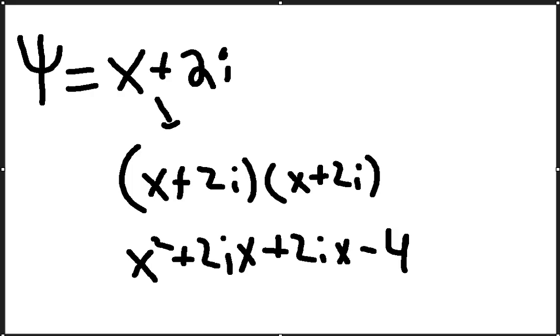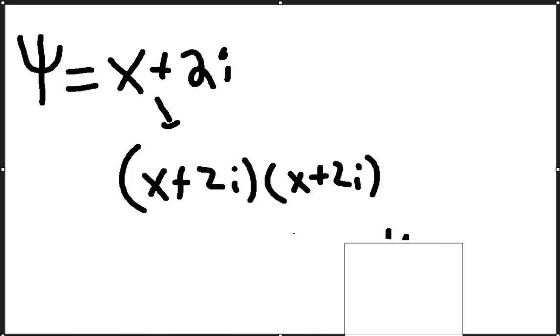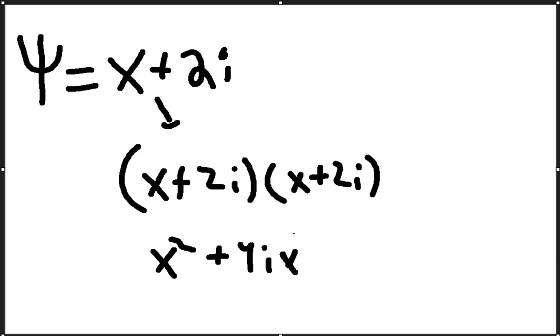As you can see, we have these imaginary numbers, and that's not very nice, because this whole thing simplifies to x squared plus 4ix minus 4.